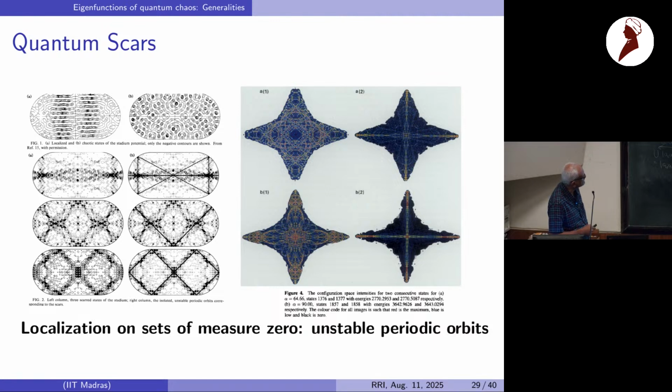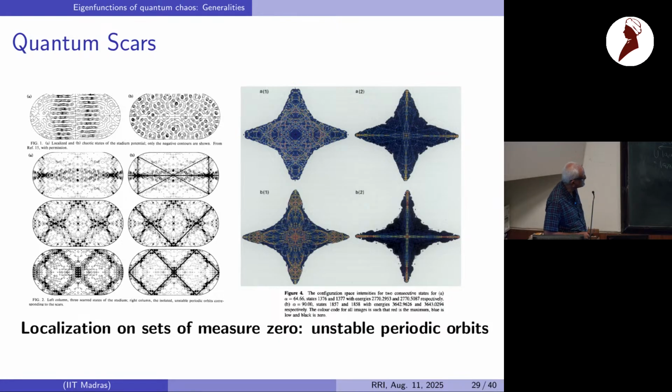You can see the state which is highly influenced by the vertical direction, which has classical orbits just bouncing between these straight lines. That's clearly a periodic orbit, and therefore this is one of the orbits which will show up in quantum mechanics also. But that's actually a continuous family of neutral stable orbits. They are showing up in this wave function.